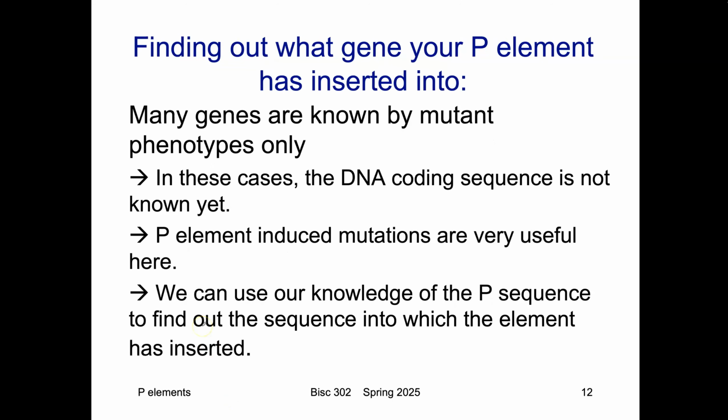Now, many genes are known only by mutant phenotypes. Not as many as before, but we've had almost the full genome of fruit flies sequenced for 25 years or so, maybe 26. And still we don't always know for some strains what mutant phenotype we're seeing, or which gene it's associated with.